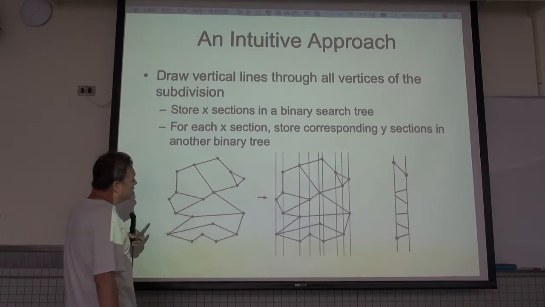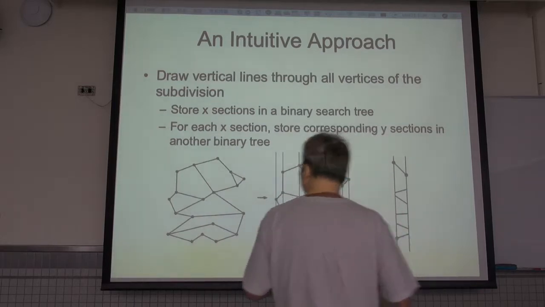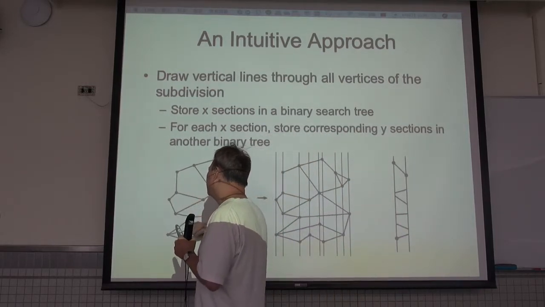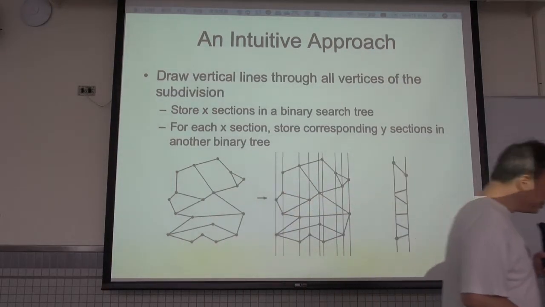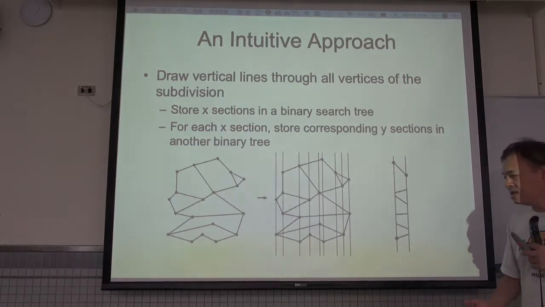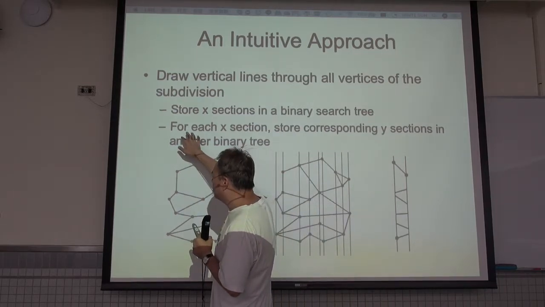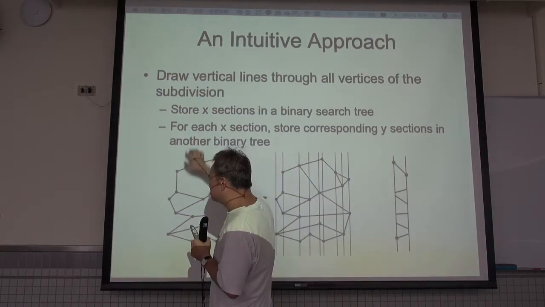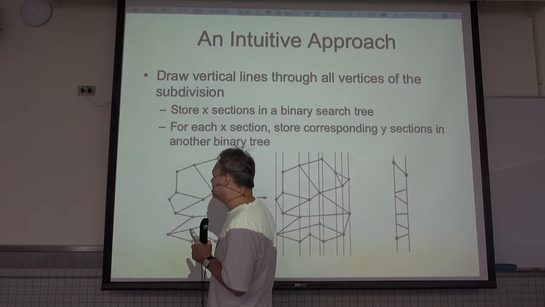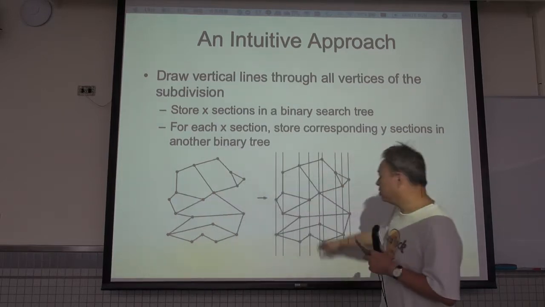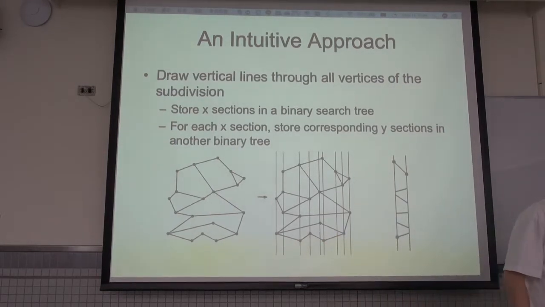Because we would like to answer efficiently which region contains that given point, a straightforward thinking is like this. We can draw a vertical line that passes through each endpoint of these segments. So it will result in something like this.